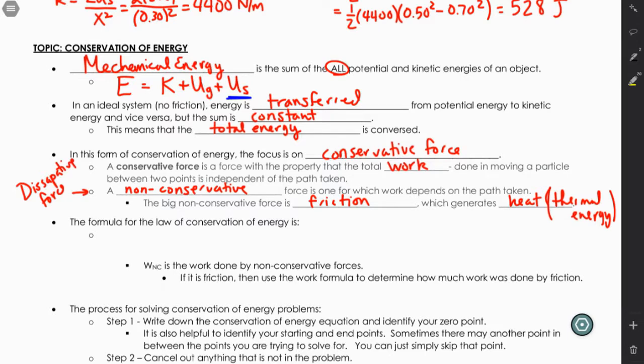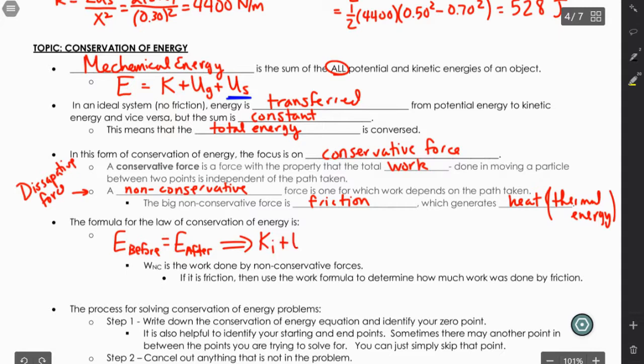Okay. So now we can change up the formula a little bit, where we say conservation of energy says that the total energy before equals the total energy after, okay? But that translates to be your kinetic energy initial plus your gravitational potential energy initial plus your initial spring potential energy plus the work done by non-conservative forces is going to equal your final.